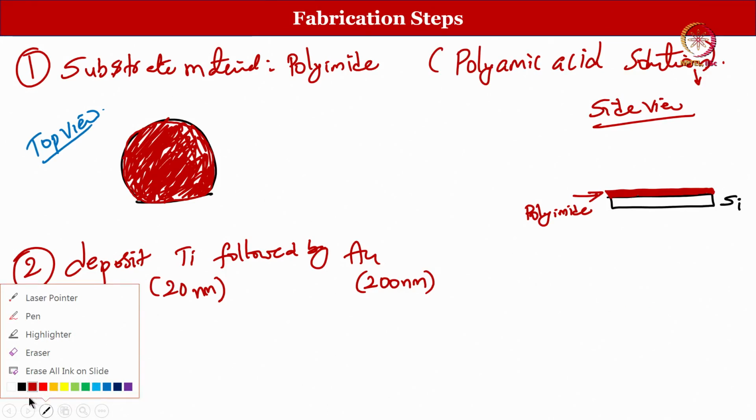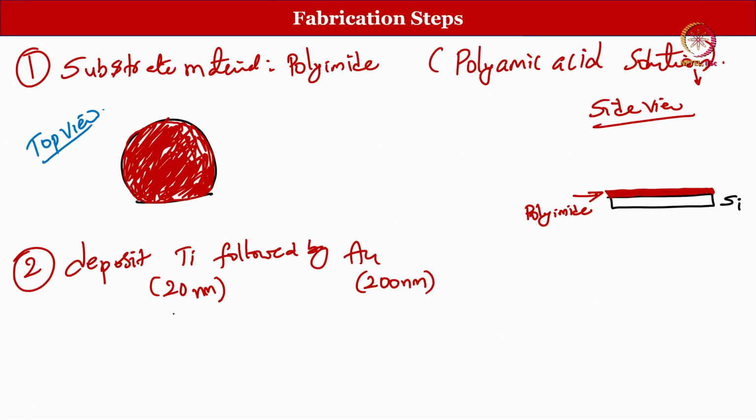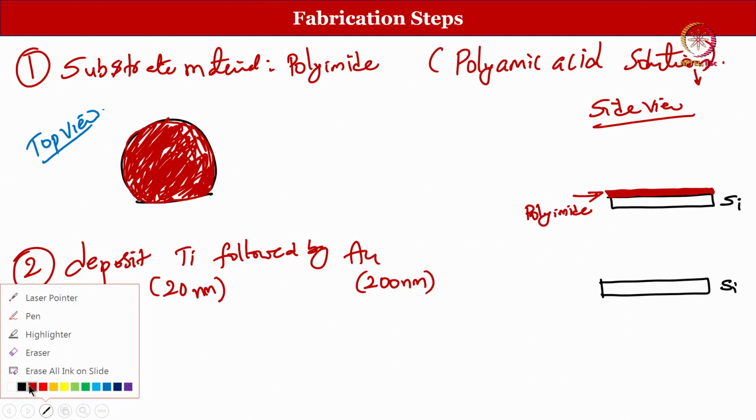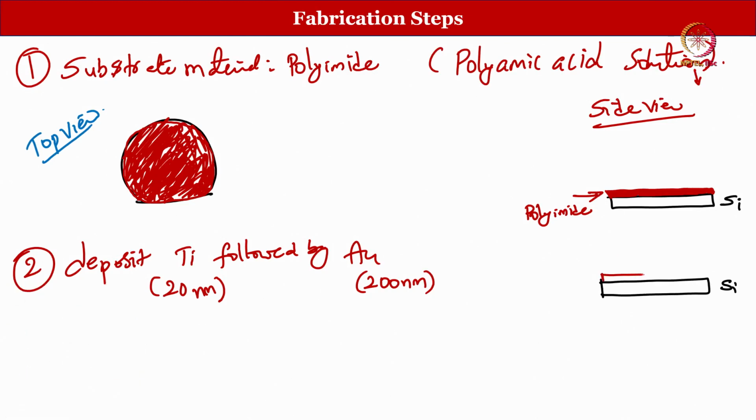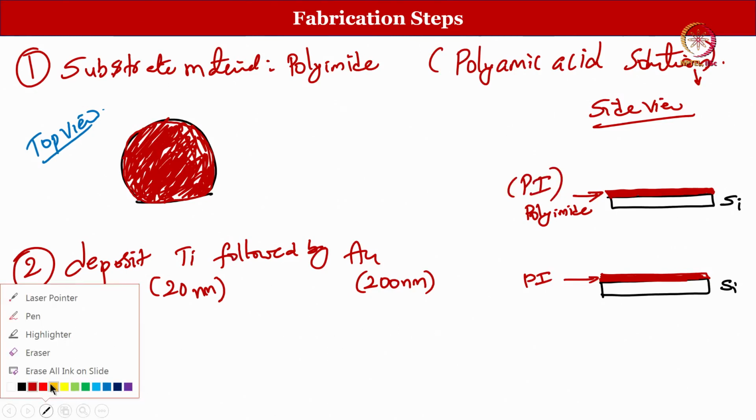Okay. So, what do we have? Now, we have a silicon wafer, then you have polyimide film, on top of that it is a solid. We also call it Pi. Polyamic acid, polyimide I can write as Pi, and on top of that you deposited titanium.